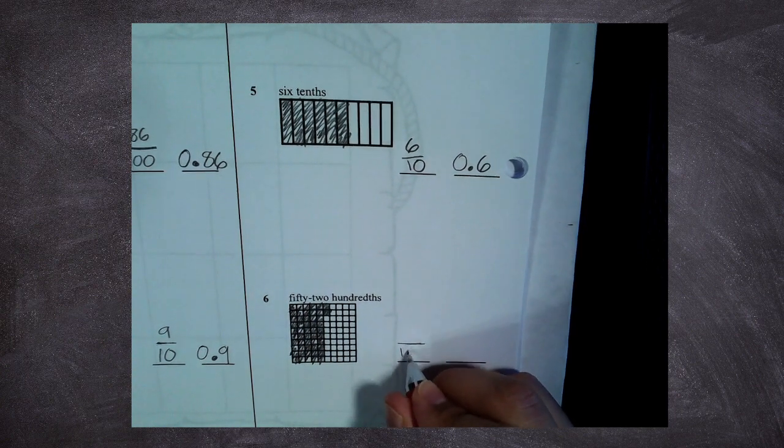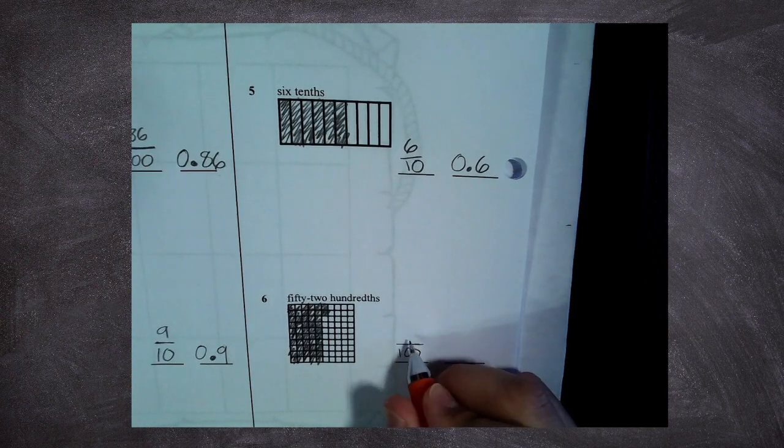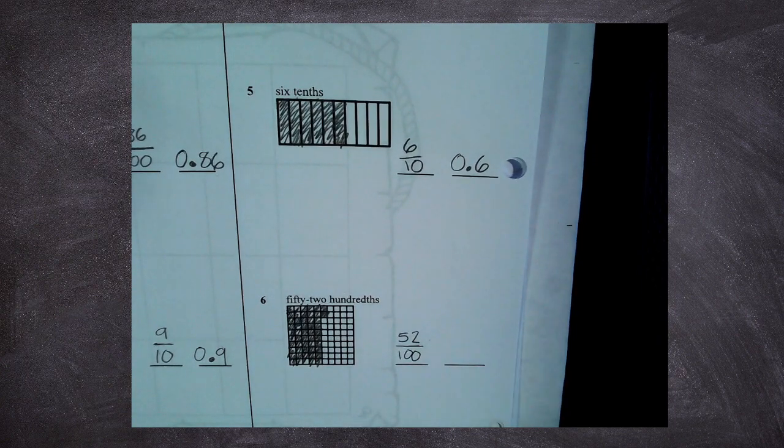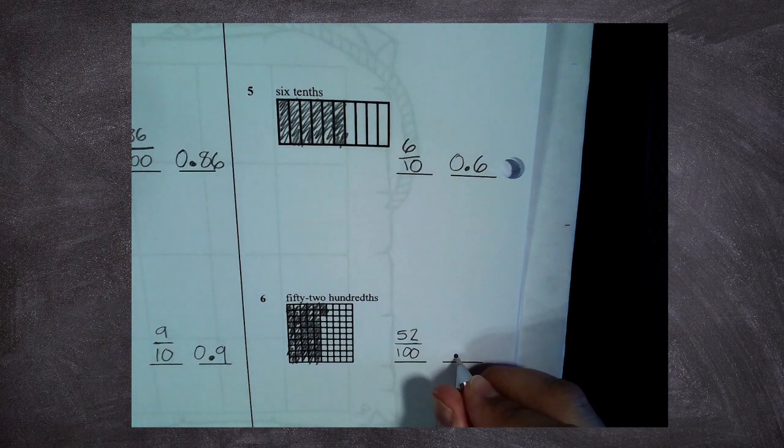So 100 is my denominator. 52 is my numerator. Jada, you think you can help me out with the decimal? What should my decimal be for number 6?